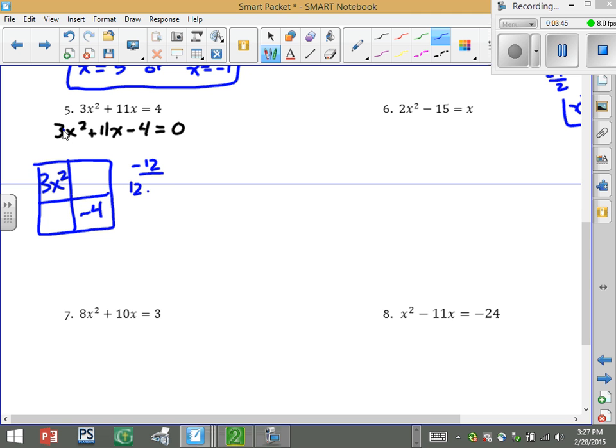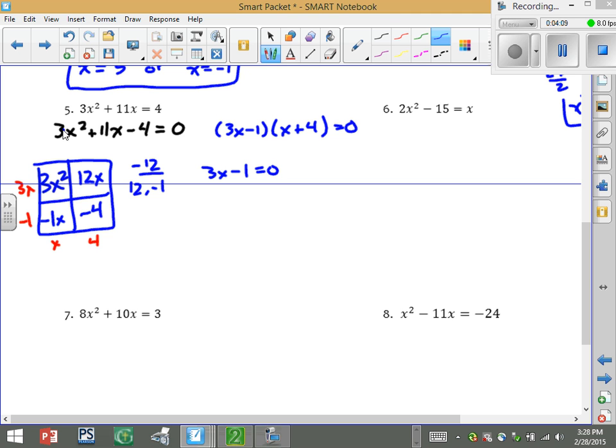I believe that'd be 12 and minus 1. So 12x minus 1x. Pull out what I can, so I can pull out a 3x here, I can pull out a negative 1, pull out an x there, and I can pull out a 4. So my two factors here, 3x minus 1, and then x plus 4. So I set those both equal to 0.